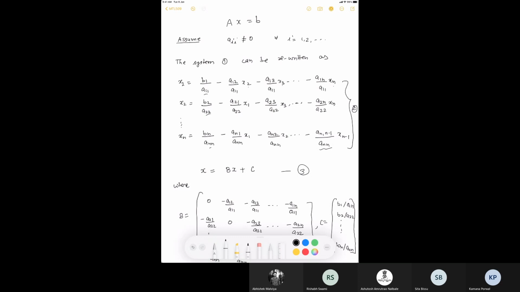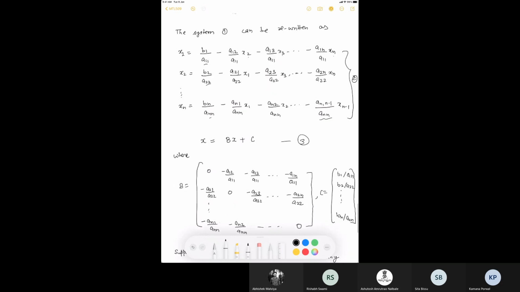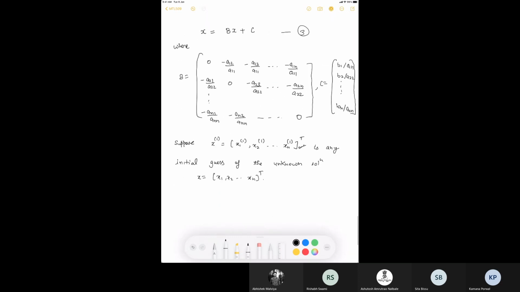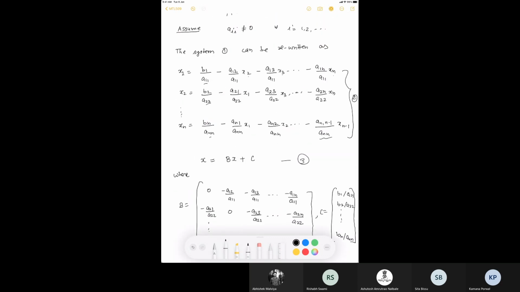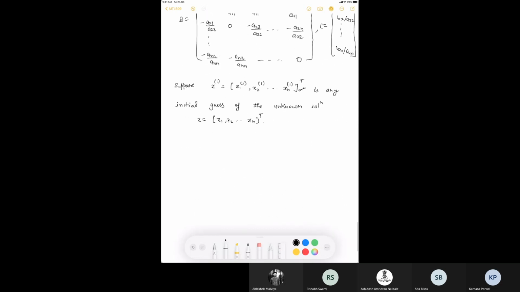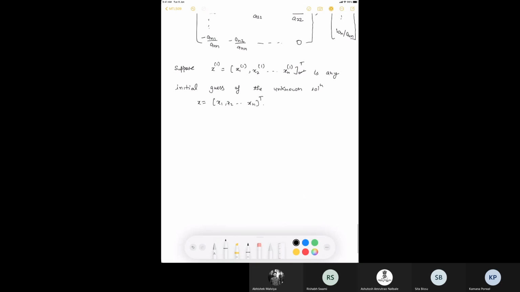Note that I already have this information about the first iterate. I want to compute the new iterate, say x1 2. In the right hand side, I'll just use the initial guess and then compute the next iterate. So basically I'm using the system 2. The second iteration is, so this is the first iteration, that is the initial guess we have taken.